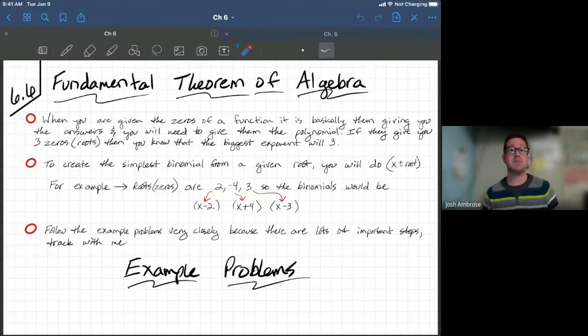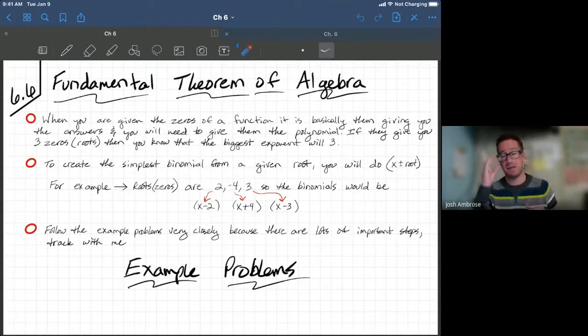So let's go backwards. 2, in terms of a binomial, is x minus 2, because if you had x minus 2 and solved it, you'd get 2. Then -4 is x plus 4, so we're doing the opposites. And 3 is x minus 3.